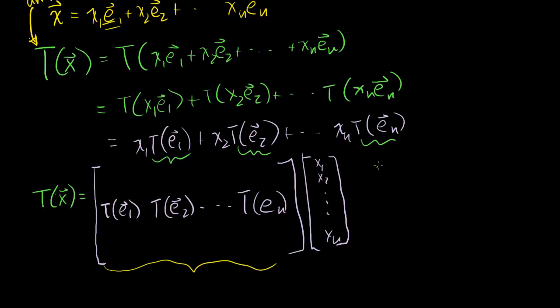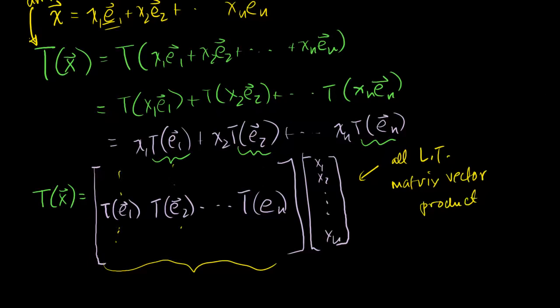So this is essentially showing you that all linear transformations can be represented by a matrix-vector product. Not only did I show you that you can do it, but it's actually a fairly straightforward and simple operation to do.